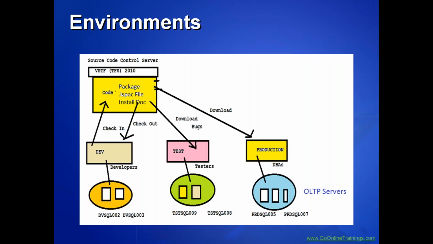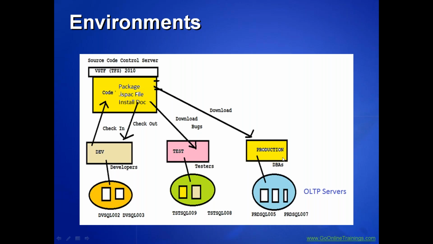Clear? So normally whenever you are assigned a project, you're not going to go to the production servers and work there. So these are real-time servers. So testers and developers are not given any permission to see this data or to work with these servers.